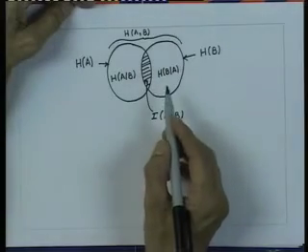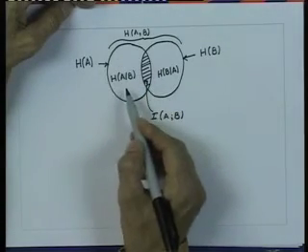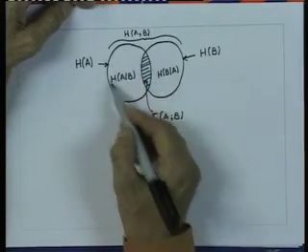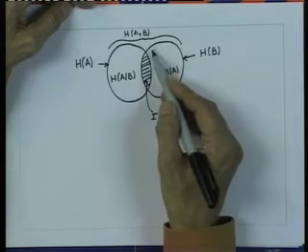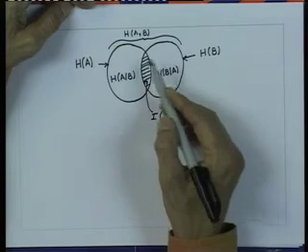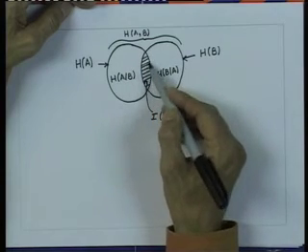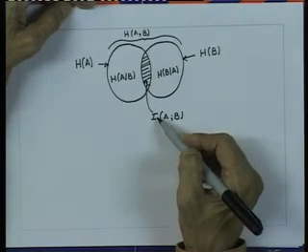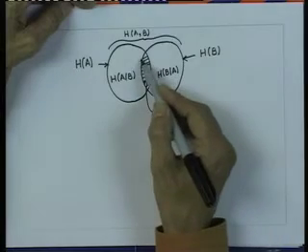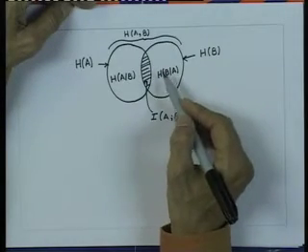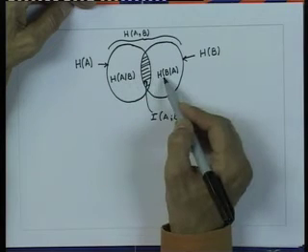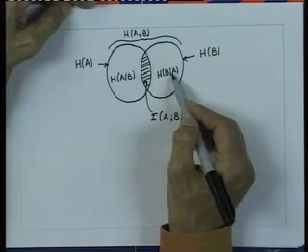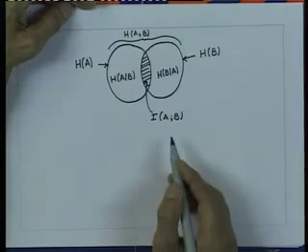So, the entropy of A is represented by the circle on the left, and the entropy of B is by the circle on the right. The overlap between the two circles is the mutual information. So, the remaining portion of H A and H B represent the equivocation H A given B and H of B given A respectively.